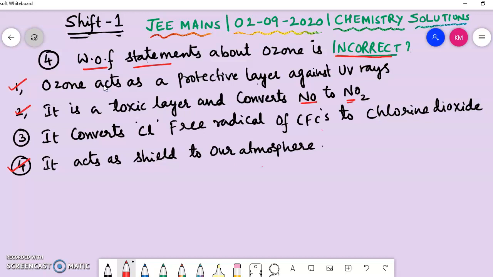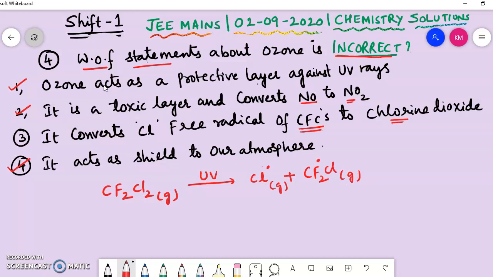But when you see here, it converts chlorine free radical of chlorofluorocarbons to chlorine dioxide, right? But what will happen? If you see chlorofluorocarbons, CF2Cl2, guys, with the help of UV light, they will be converted into Cl radical plus CF2Cl radical, guys. This is the reaction that can be given, right, guys?